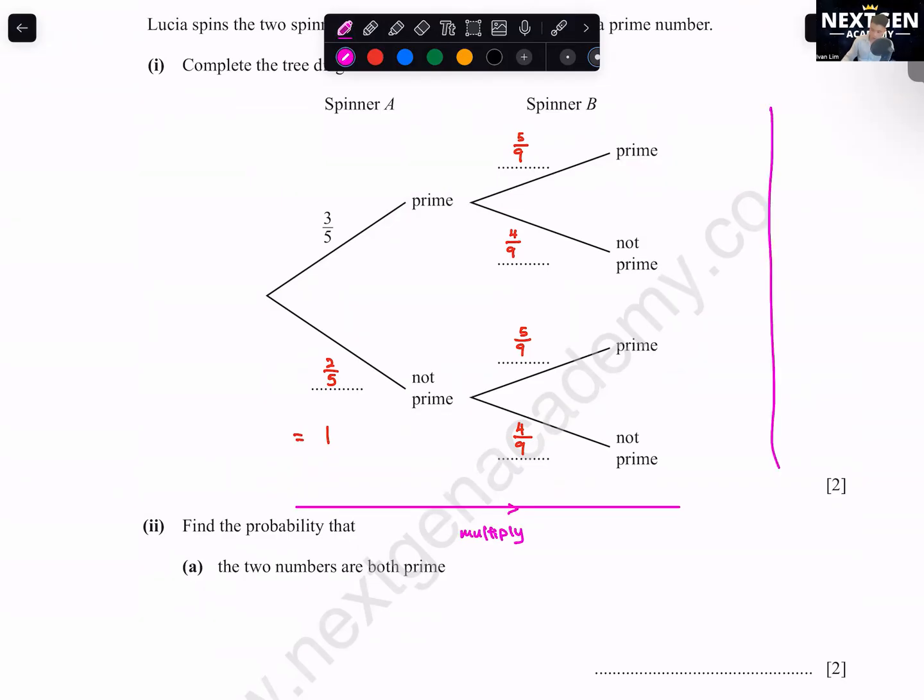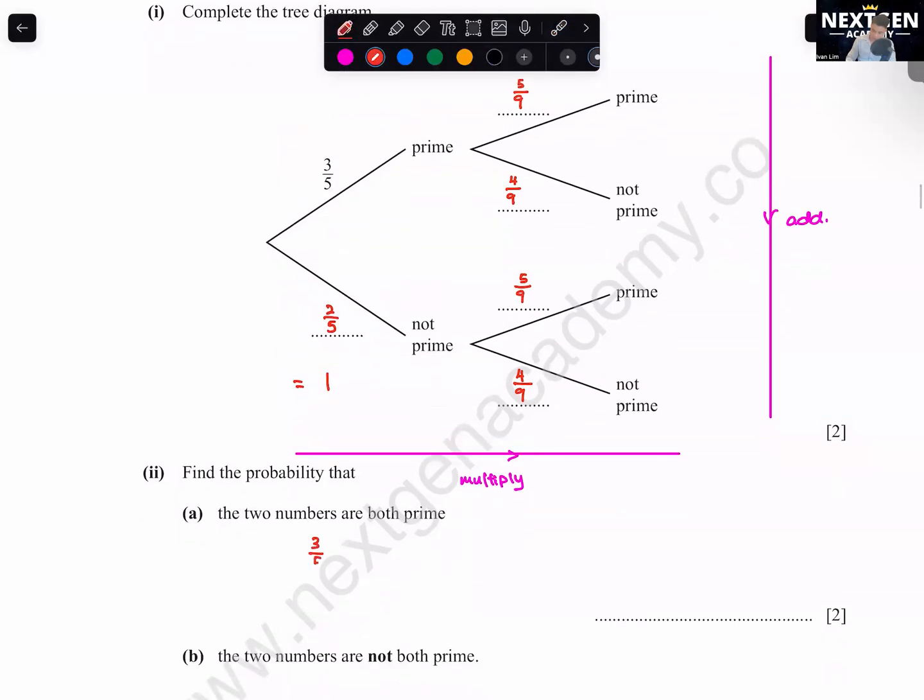Okay, when you go vertically like this one you add up the probability. Remember? Okay, so go across is multiply. So here, this will times this value here. So 3 over 5 multiply by 5 over 9. Where you get 1 over 3.